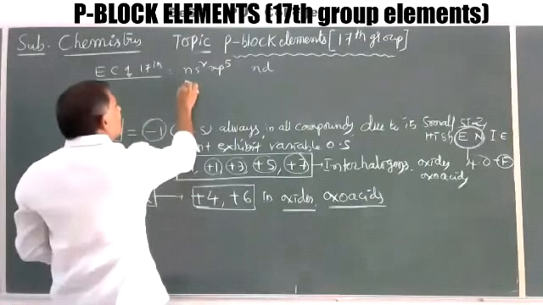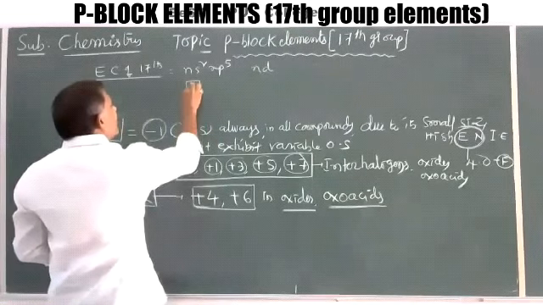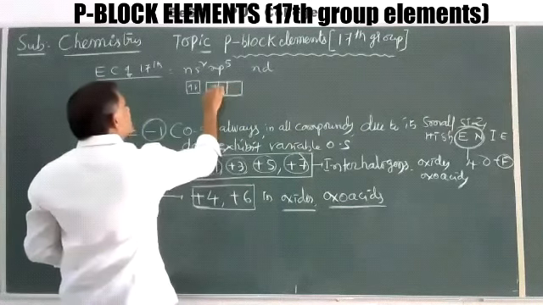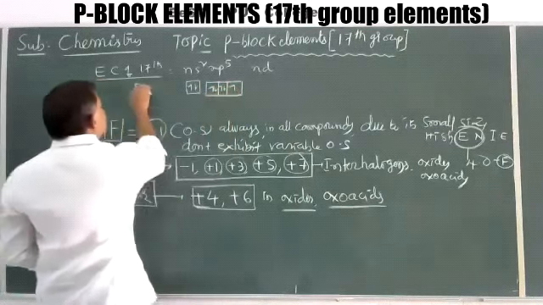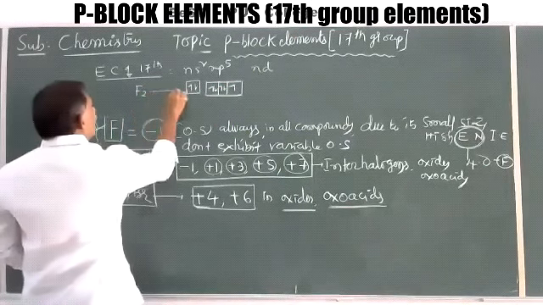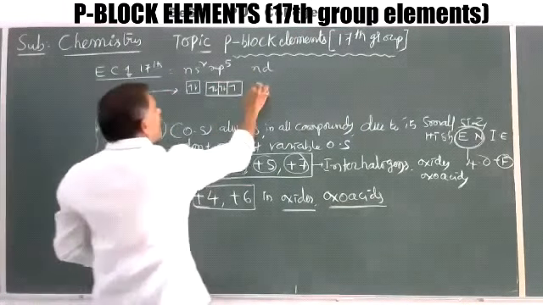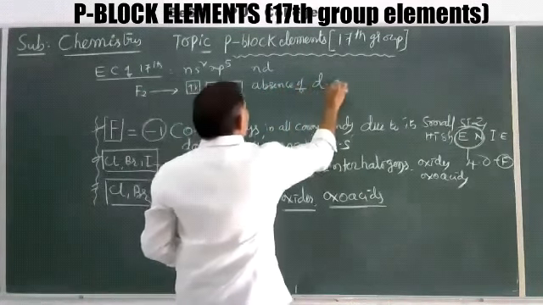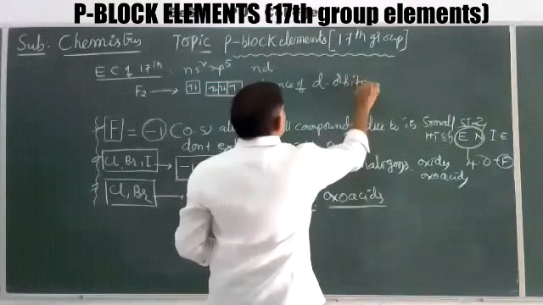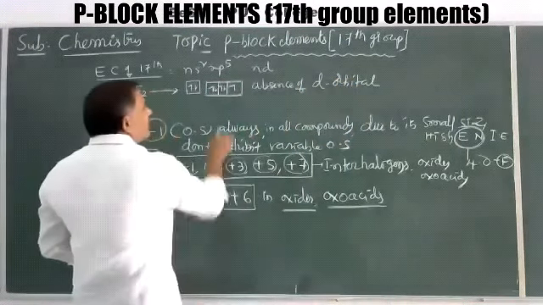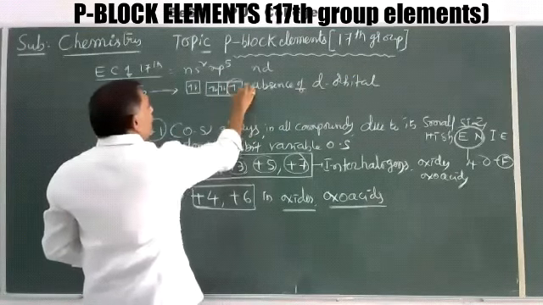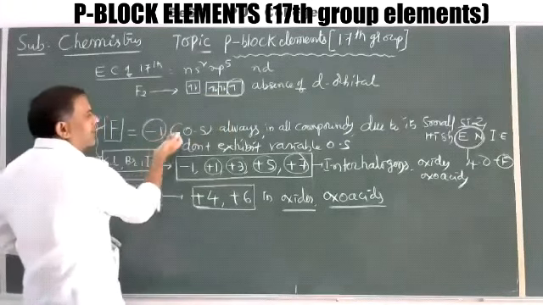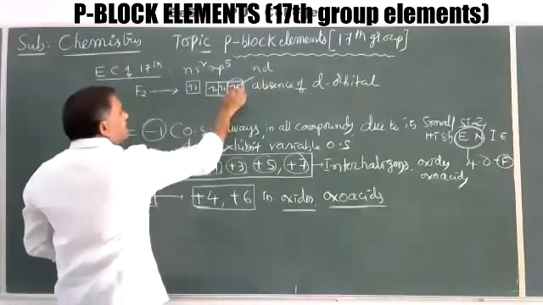For example, if it is fluorine, its electronic configuration is like this. There is an absence of d orbitals in its valence shell, and only this one electron is unpaired. This one electron is ready to accept an electron from another atom or element.